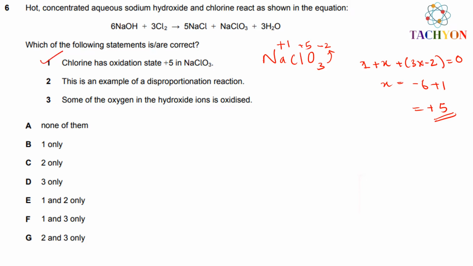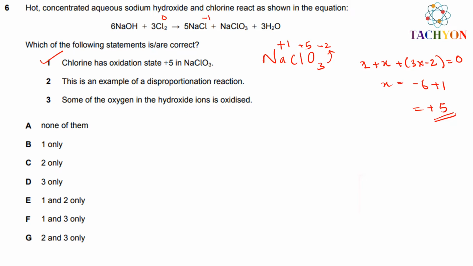This is an example of a disproportionation reaction. Disproportionation reaction means that the same element is undergoing both oxidation and reduction. On the left hand side, if you're observing this chlorine, it's in its stable form. The chlorine molecule has an oxidation number 0. On the right hand side, in NaCl, the Cl is becoming a chloride ion and its oxidation number is minus 1.